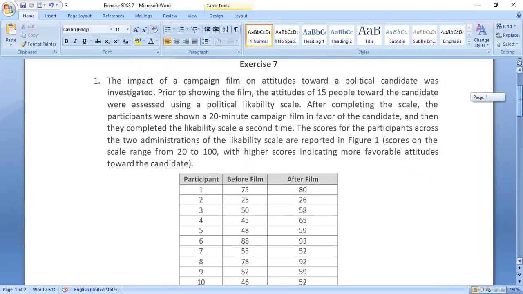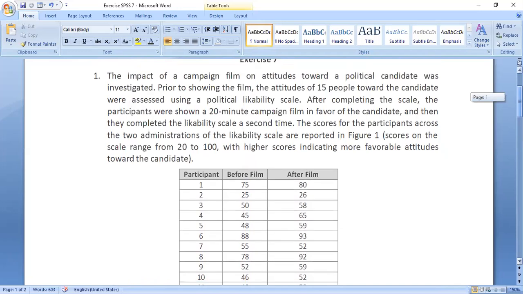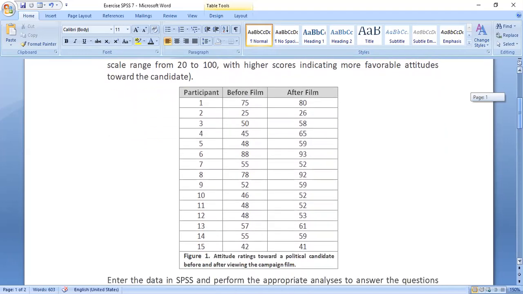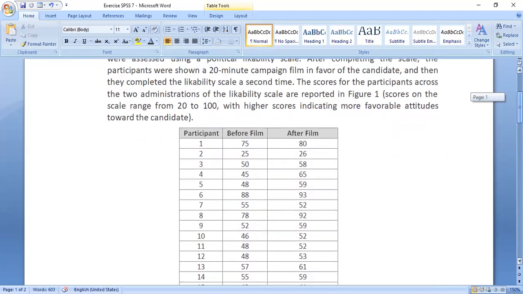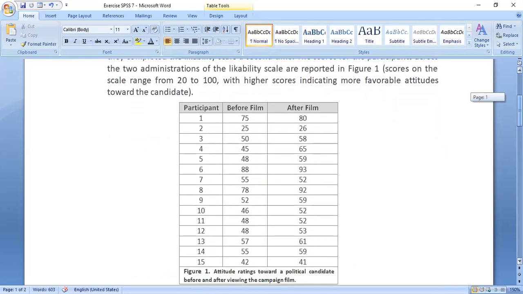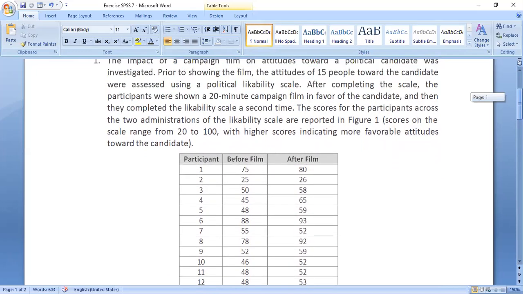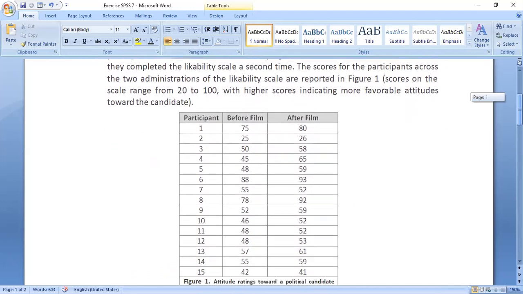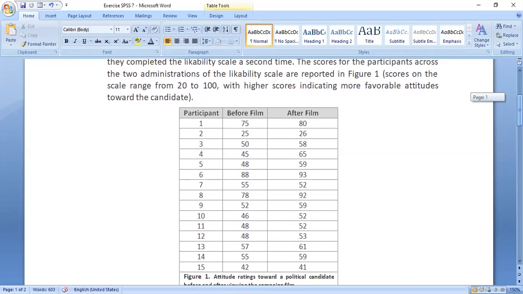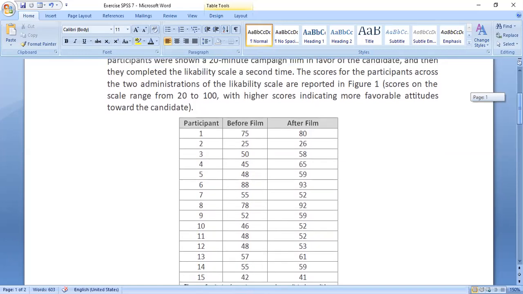So we are talking about a campaign film and attitudes towards political candidates. We are investigating the attitude of people. We had about 15 participants, and we were seeing their attitude towards the political candidate before watching the film, on a scale of 20 to 100.